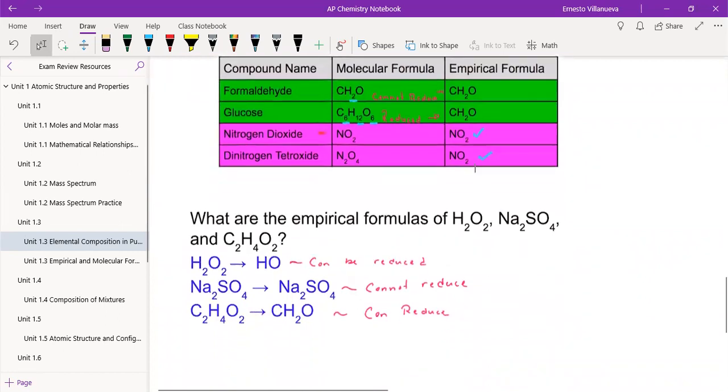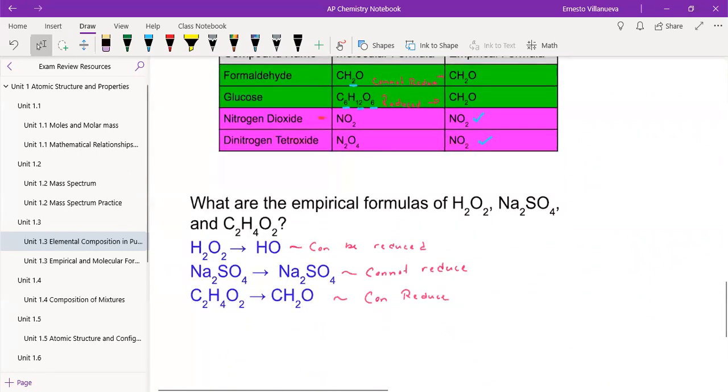When we're talking about writing the empirical formulas, all you have to remember is, can it be reduced? If it can, reduce it. The simplest whole number ratio you can get is going to be your empirical formula. So you can see here that dihydrogen dioxide can be reduced to hydrogen monoxide.